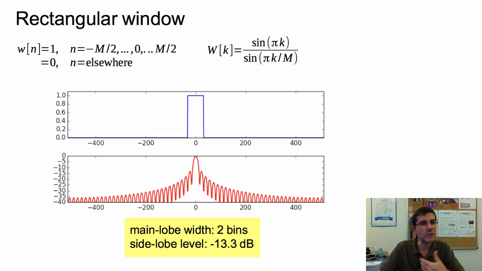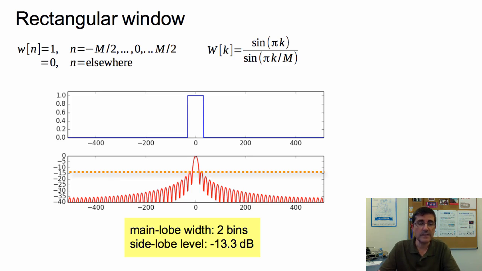But generally, since we do zero padding, the number of bins is higher. But this is because of the zero padding, and we normally do it in order to better visualize the shape. So in fact, this shape has been generated with a lot of zero padding so that we can have this smooth visualization. But strictly speaking, the number of bins that we refer to is 2. And the side lobe level, the highest side lobe level, is minus 13.3 decibels.